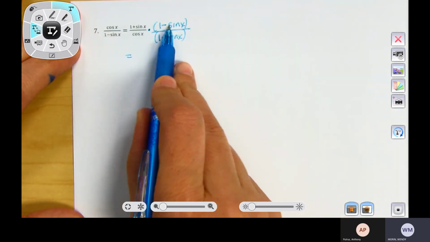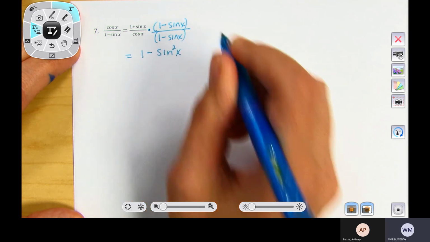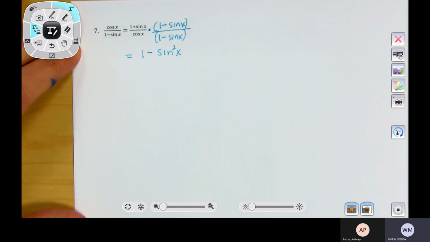Again, numerator times numerator, you should know that that is the factored form of 1 minus sine squared. Right? Maybe we leave it in factor form, I don't know.